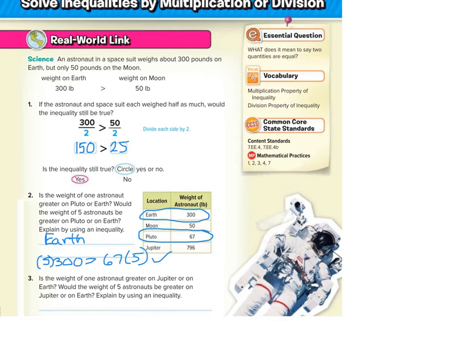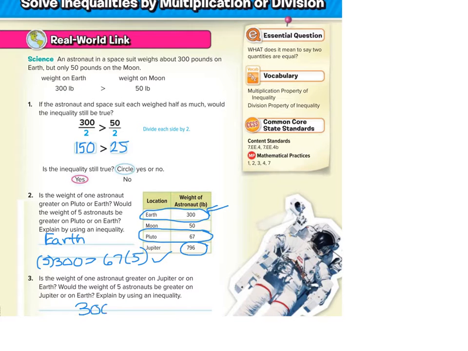Then number 3 says, is the weight of one astronaut greater on Jupiter or on Earth? Would the weight of 5 astronauts be greater on Jupiter or on Earth? Explain using an inequality. So an astronaut that weighs 300 on Earth weighs 796 pounds on Jupiter.